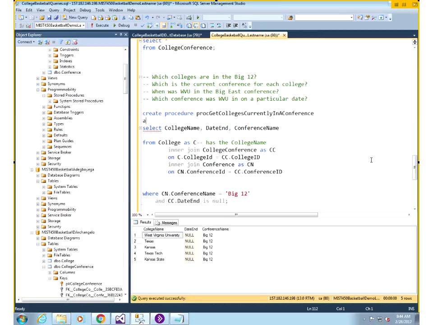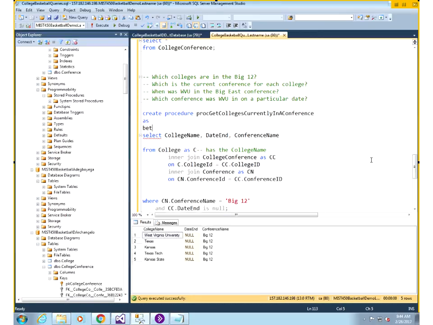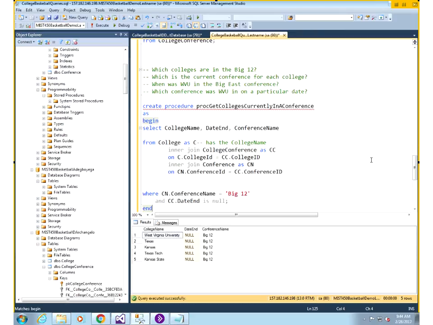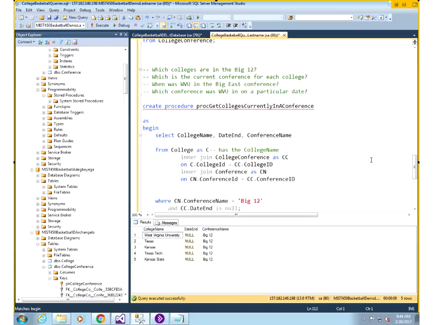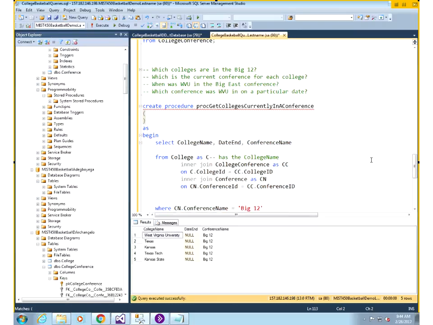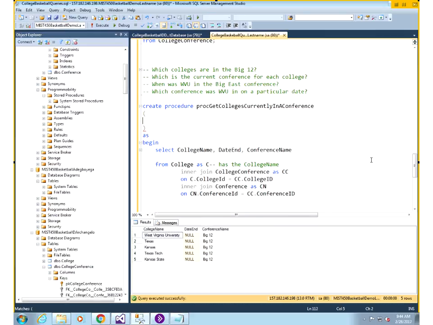Okay, and then okay, let's begin, and then what else? Parameter. Okay. So parameter, open, close. Okay, what's the parameter?